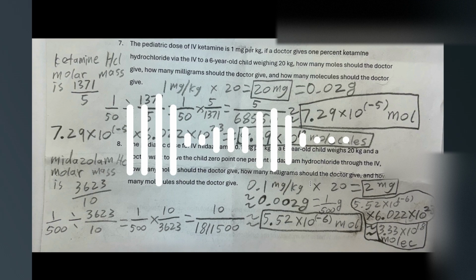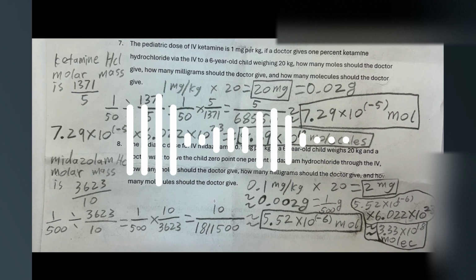And again, if we assume the child is about 20 kilograms, we can do 20 times 1/10, which is 2, because 20 divided by 10 is obviously 2. 2 milligrams is 0.002 grams, which is 1 over 500.